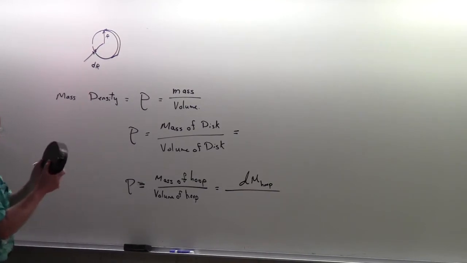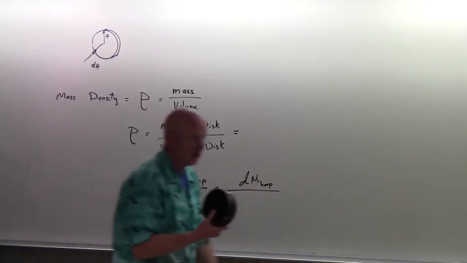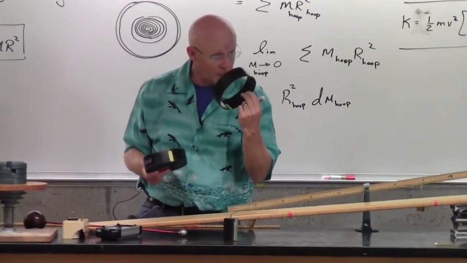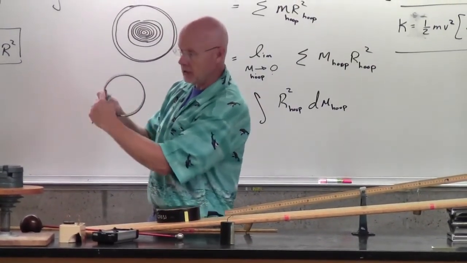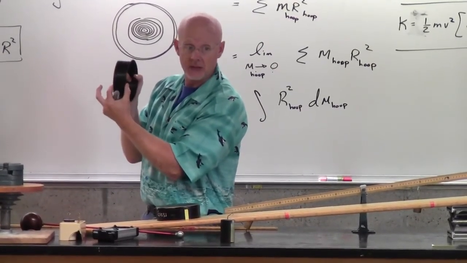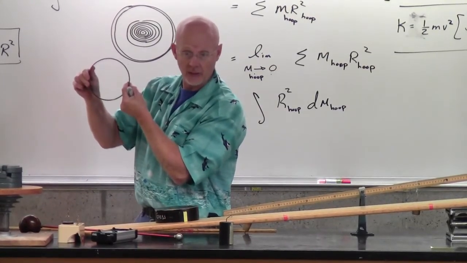But if I were to get the volume of this, and maybe I shouldn't say this, because it's really the volume of a hoop, wouldn't it be the circumference times the thickness times the width?